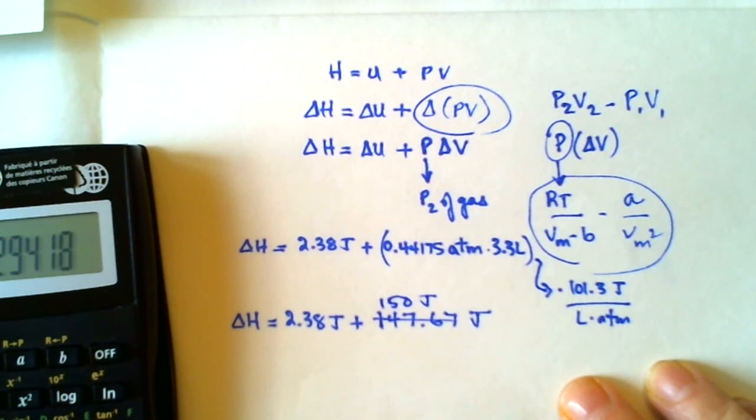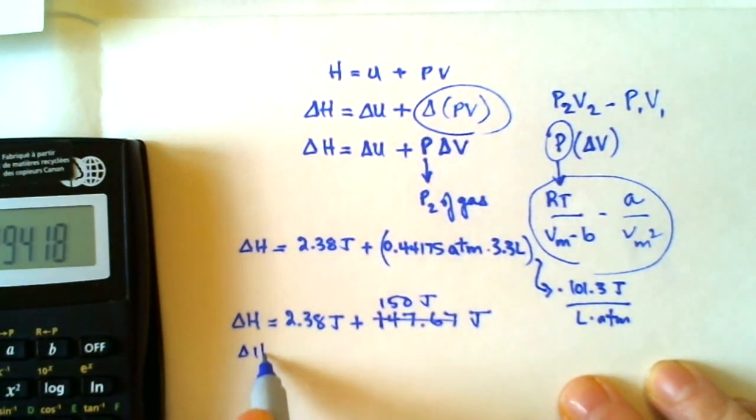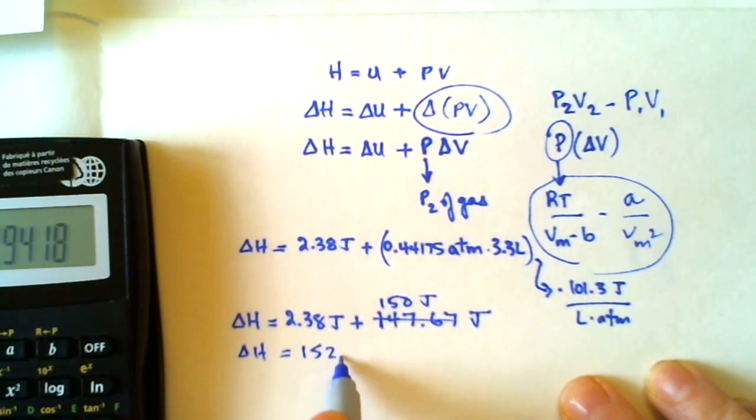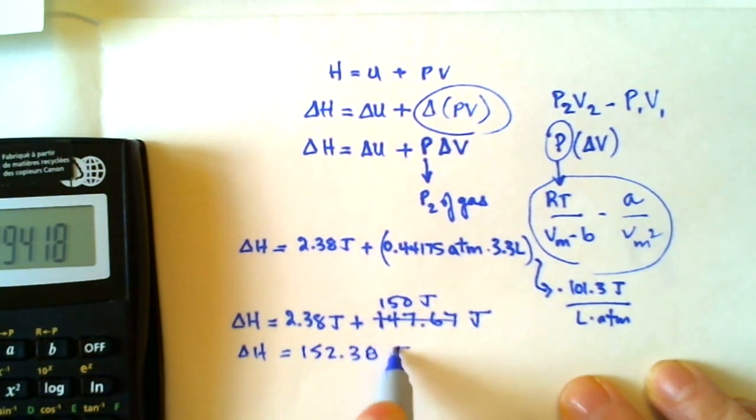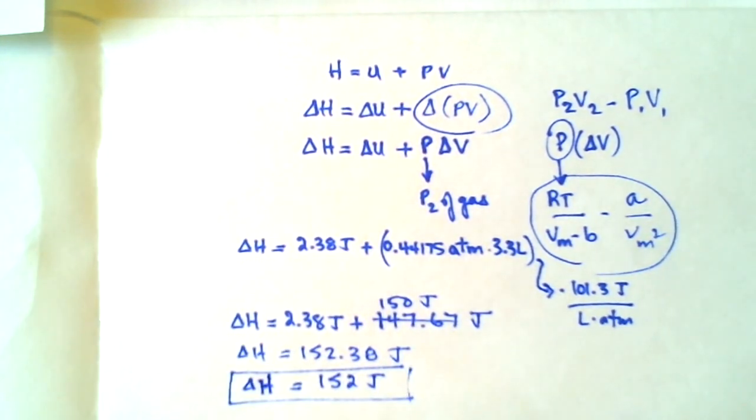And then it should have no decimal places. So delta H is 152.38 joules, rounded to no decimal places. It's 152. Okay, that's our delta H.